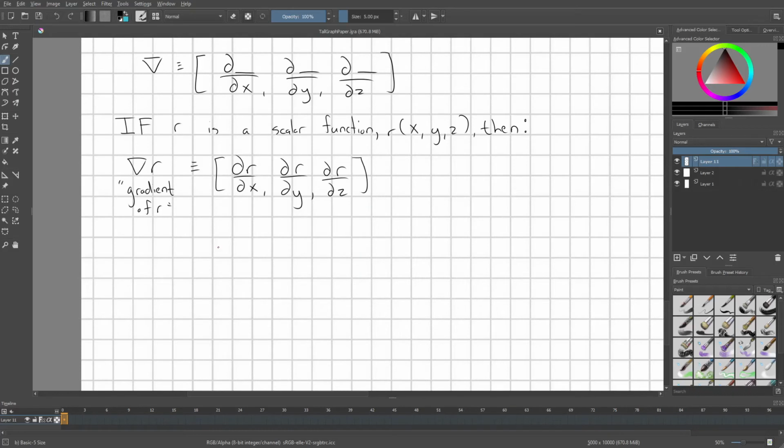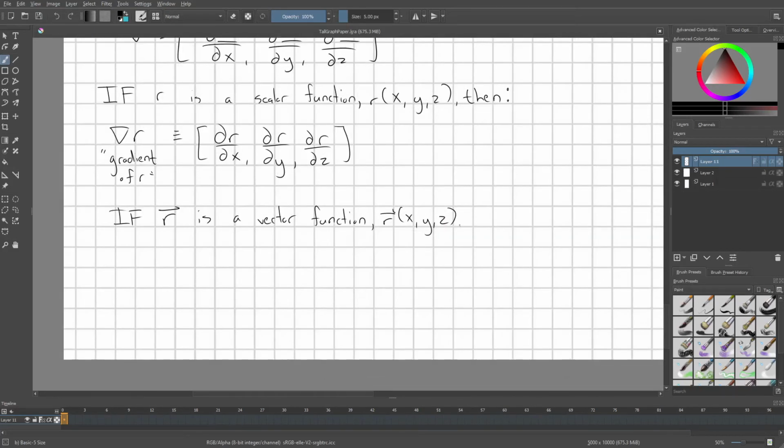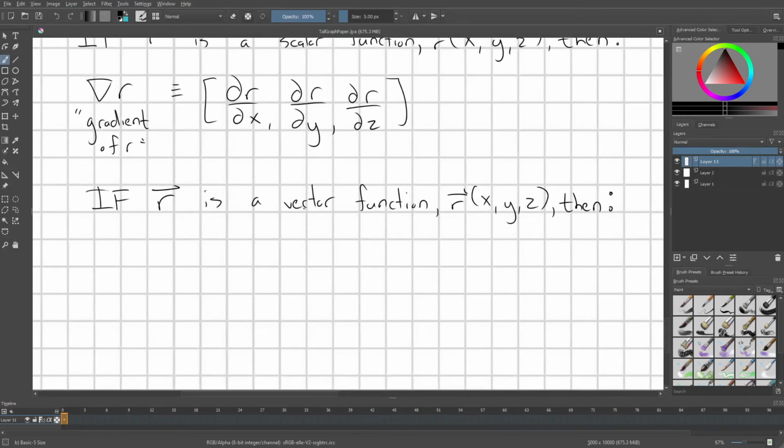Okay, next, if r is a vector function, then we have two separate definitions.